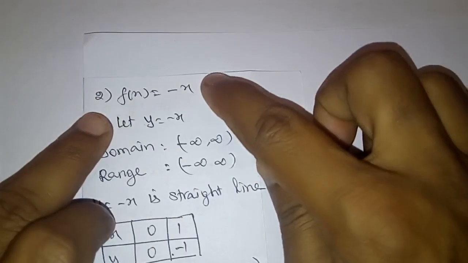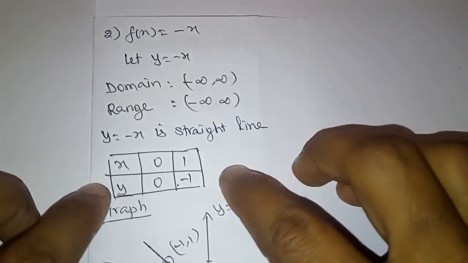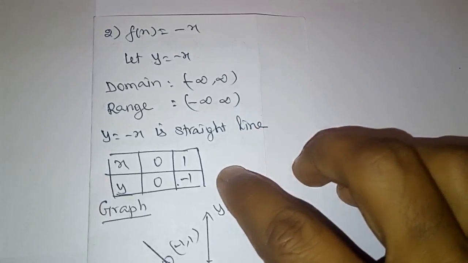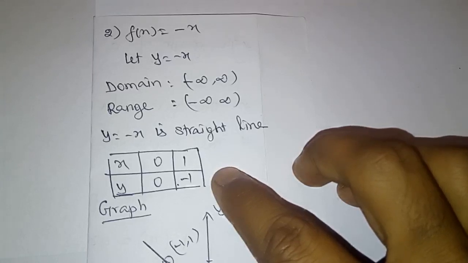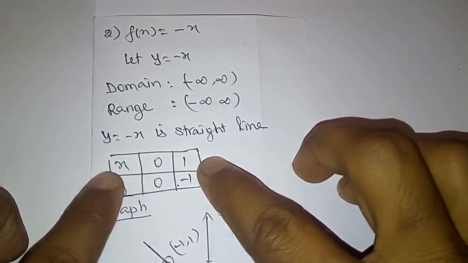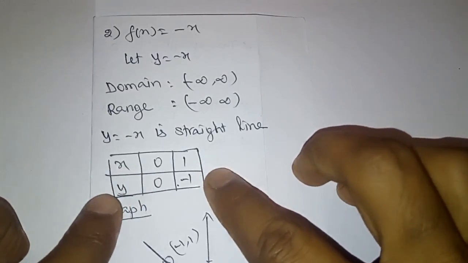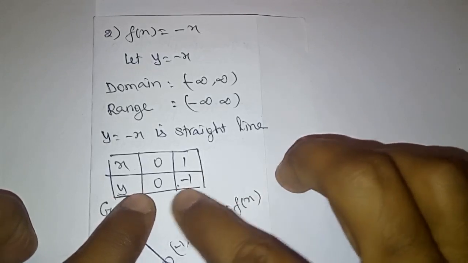F of x, which is equal to minus x, is a straight line. Therefore, we need a minimum of 2 points to draw the graph of the function. We choose 0 and 1 as values of x. Then we find the values of the function, 0 and -1.